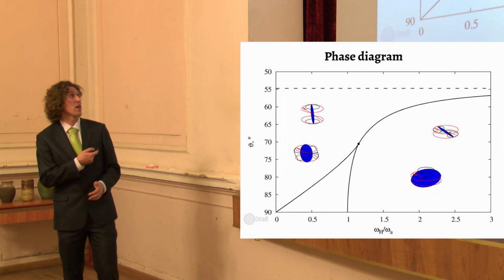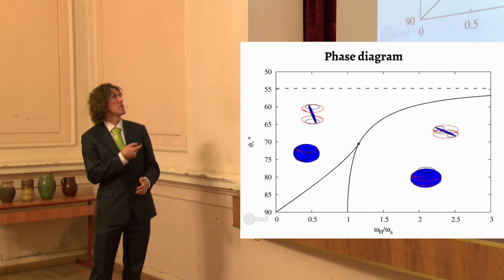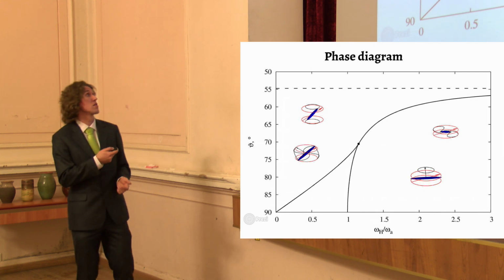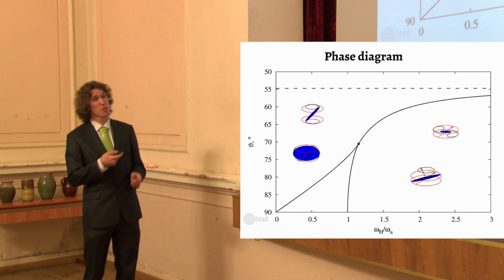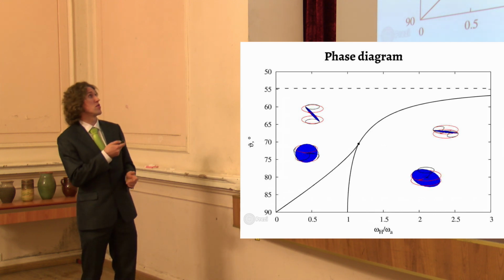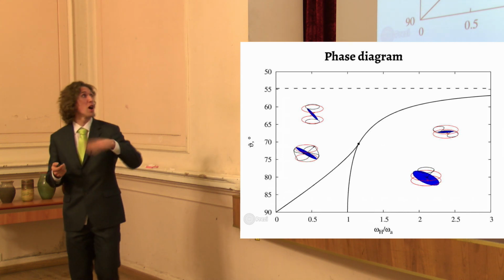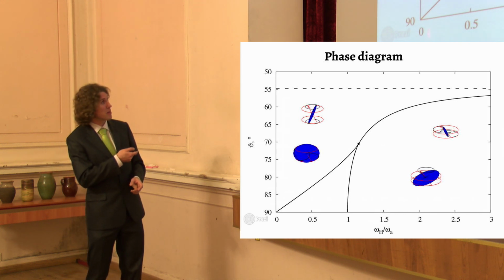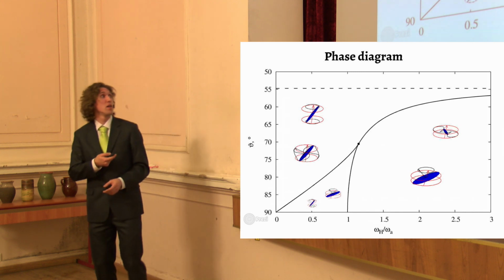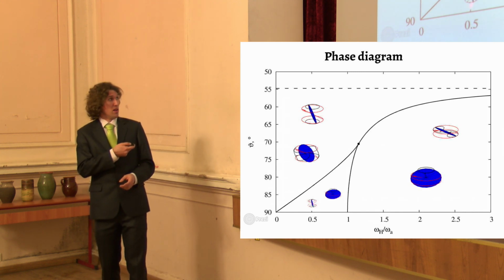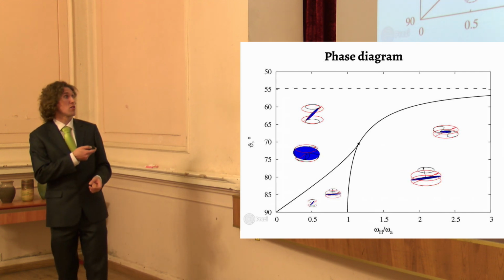On the other hand, if we take lower angles of the precessing field, then the particle goes into this wobbling motion where it flips up and down. In this middle region, both the rod-like particle and the plate-like particle have synchronous rotations.